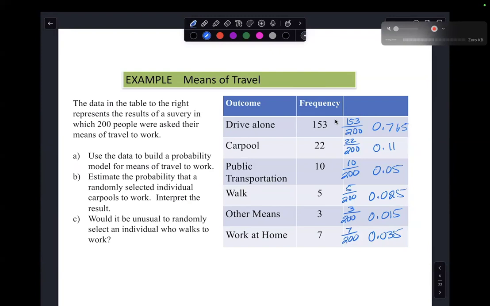Now, when it comes to probabilities, I don't care how you answer. If you say 11% or 0.11, I don't care how you answer. Even if you said 22 200ths, I'd prefer you simplify your fraction. And on your hand in homework, please simplify your fractions for the final answer. But I don't care which way you answer.